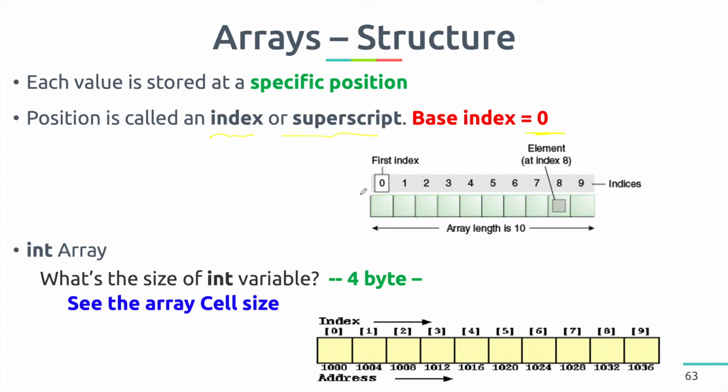How much space do we have to store for it in memory? Since it's an integer array, every item takes 4 bytes, and because we have 10 values, we have 4 times 10, which gives us 40 bytes for the entire array.